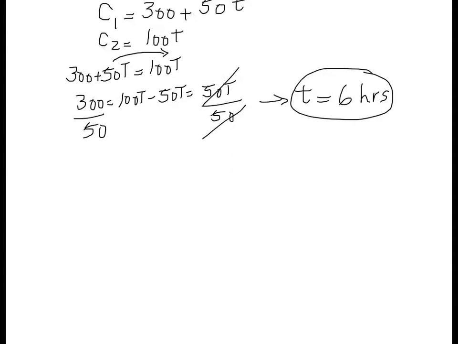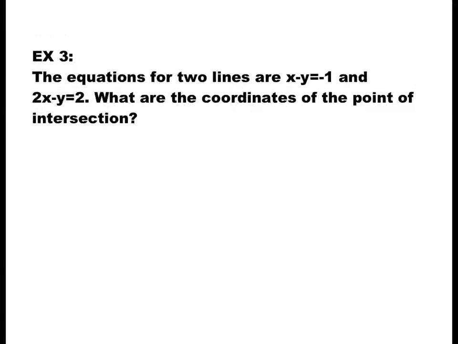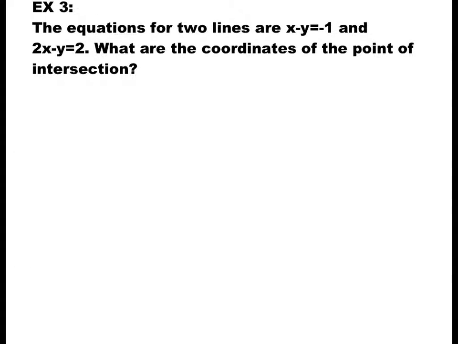The next example is the following. I have two equations. One is x minus y is equal to negative 1, and the other one is 2x minus y is equal to 2. What are the coordinates of the point of intersection?